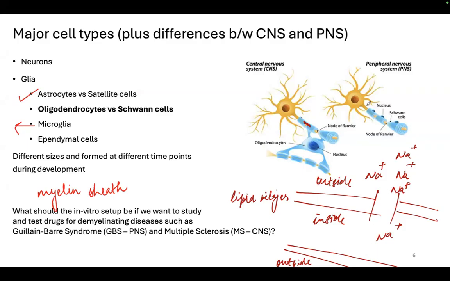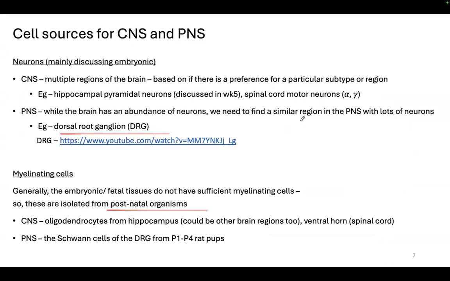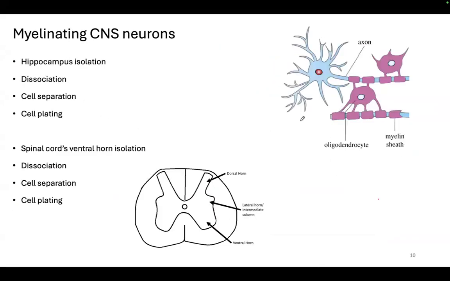This cannot happen when there's insulation, but it can happen at the nodes of Ranvier. Nodes of Ranvier have a lot of sodium ion channels, which allow this movement, and this is important for action potentials. We're not going into too much detail because it's not a neuroscience course, but it's a very simple concept, so you can definitely read about it.